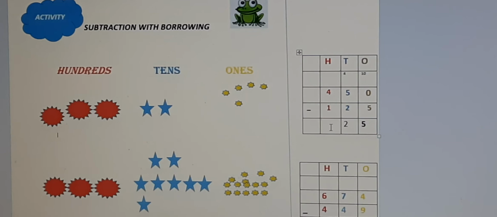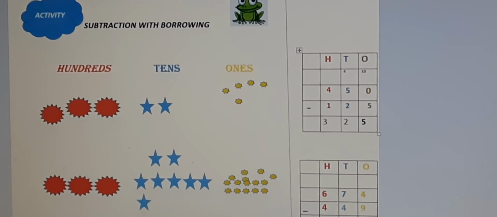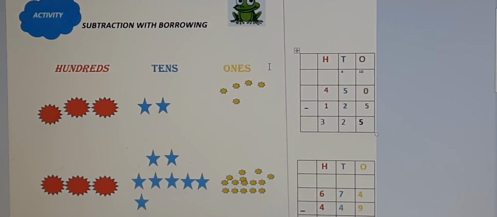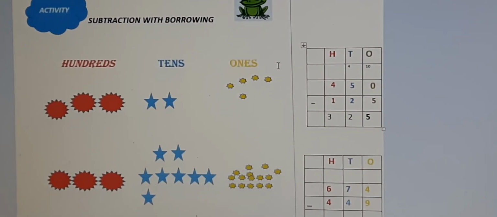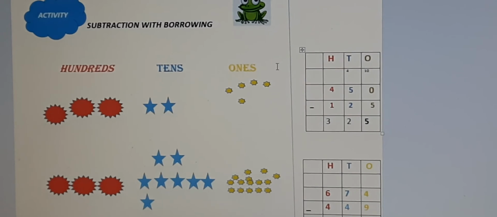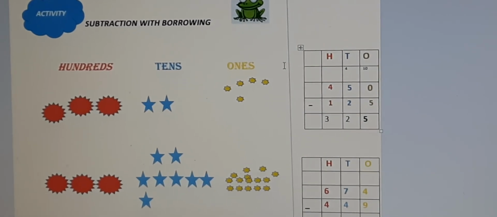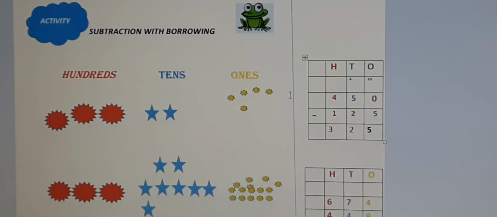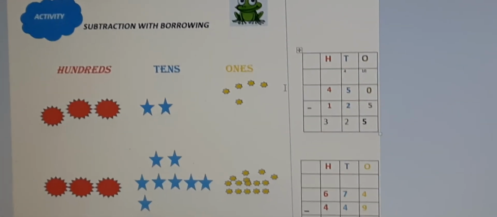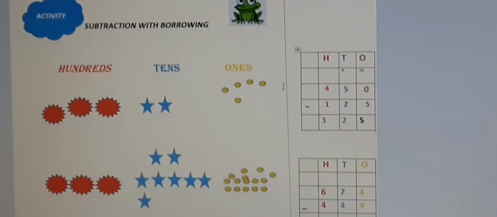How many hundreds are left here? 300. So Froggy is very happy now because he solved his problem. That is 450 minus 125 is equal to 325. So Froggy is very happy and he started hopping again.